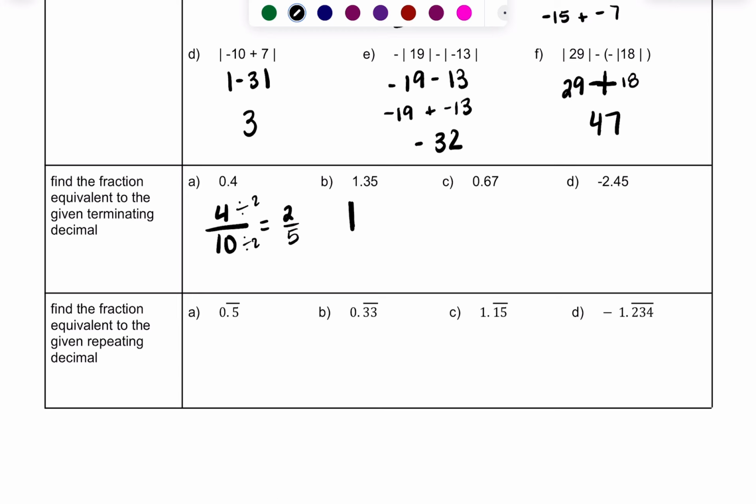Now we're going to write our actual fraction. So here we're looking at what's after the decimal and making it into a whole number. So I have the 35 and I put it over the decimal placement. If I look, the tenths place is where the 3 is at, and the 5 is in the hundredths place. Because that's where it ends, I have to make sure that my fraction is over 100.